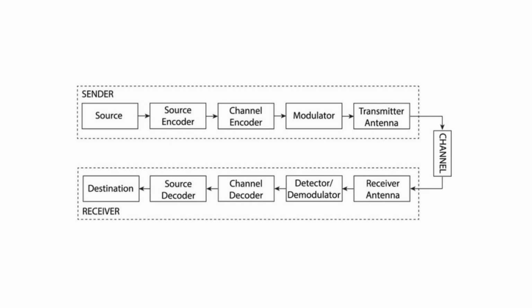Modulator block: the modulator takes the signal and multiplies it with the carrier to sit on the radio waves, ready for transmission. Finally, the antenna radiates and the signal travels with the help of radio waves and reaches the receiver side. The receiver receives the signal and decodes it to convert it to a signal equal to the source.